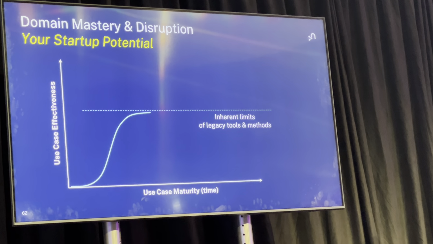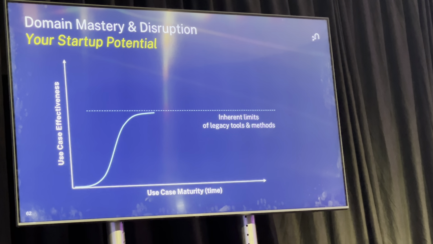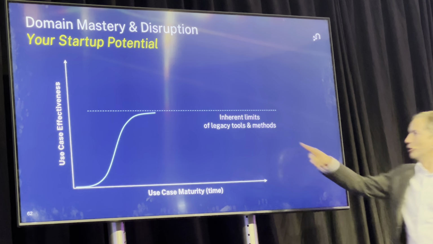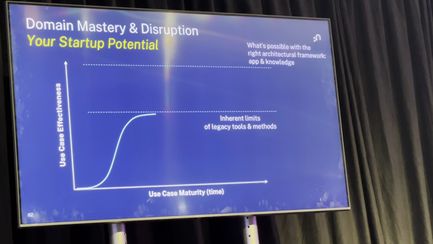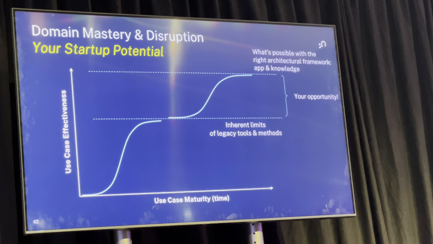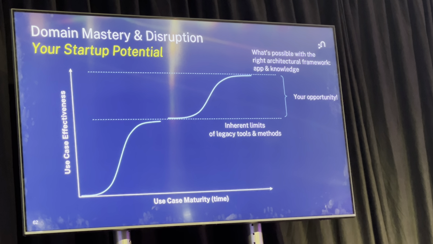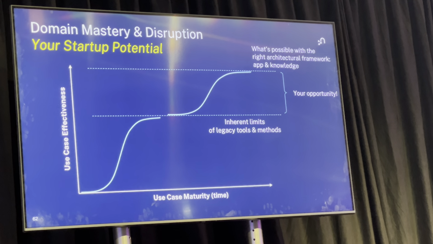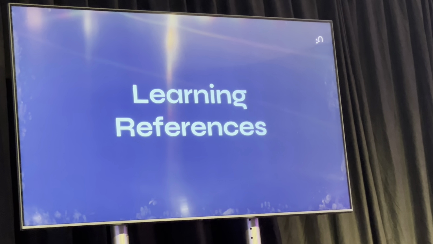It's like diminishing returns. I'm not doing anything different with my data. I'm not doing anything materially different algorithmically. So we're kind of here, and then AI gives you the next step, provided you have the right architectural framework for your app and for your knowledge. So really your opportunity here is to master the architectural framework, pick the right opportunity, and then you jump up this next S-curve.